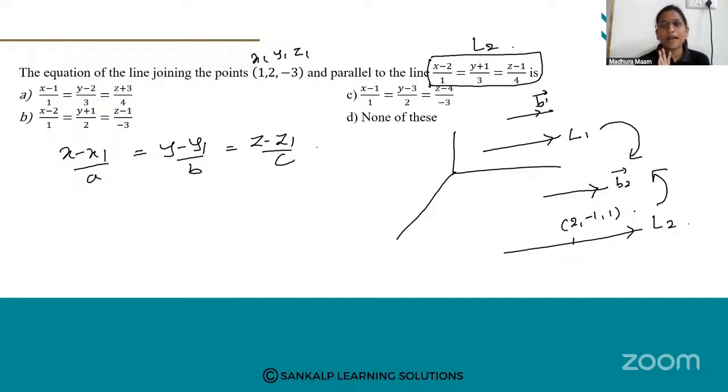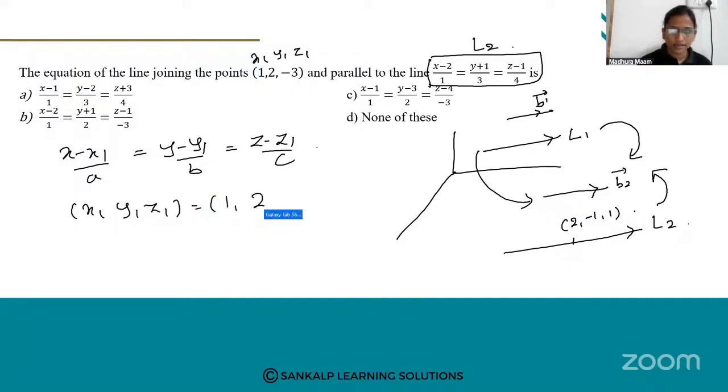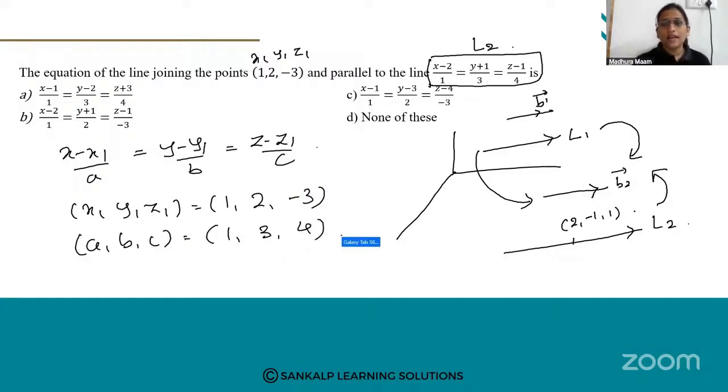L1 will be parallel to B2. ಎಸ್, ಸೊ ಐ ಕ್ಯಾನ್ ಟೇಕ್ ದ್ಯಾಟ್ ಇದೇ ಇದಕ್ಕೆ ಪ್ಯಾರಲಲ್ ವೆಕ್ಟರ್ ಅಂತ ನಾವು ತಗೋಬಹುದು. ಹಾಗಾದ್ರೆ x1 y1 z1 ಏನಾಯ್ತು? 1 2 minus 3, ಆದ್ರೆ ಇದು ಪ್ಯಾರಲಲ್ ವೆಕ್ಟರ್ ಏನಾಗುತ್ತೆ? ಇದಕ್ಕೆ 1 3 4 ಆಗುತ್ತೆ. ಯಾಕೆ? L2 is parallel to B2 and L1 and L2 are parallel. So L1 will be parallel to B2.